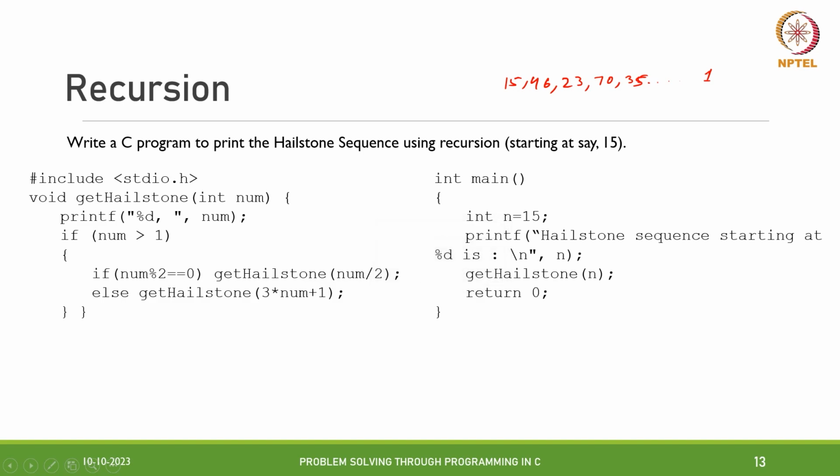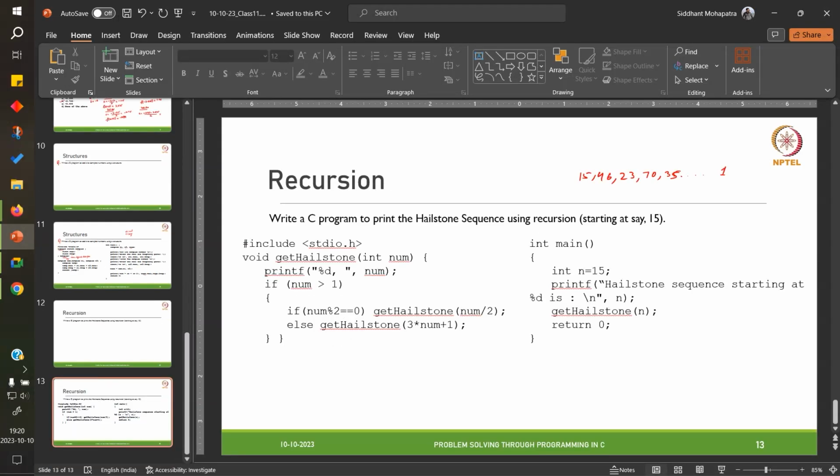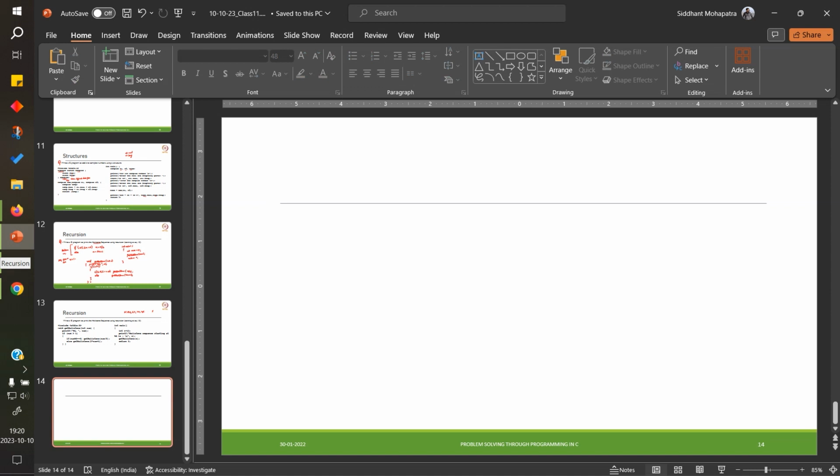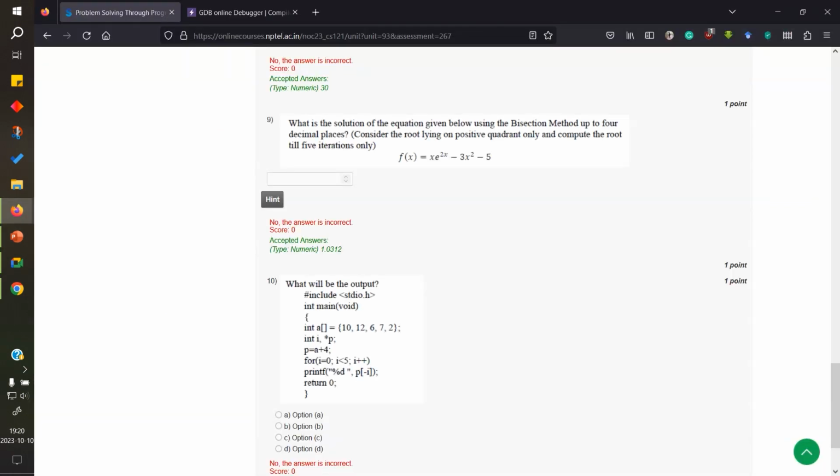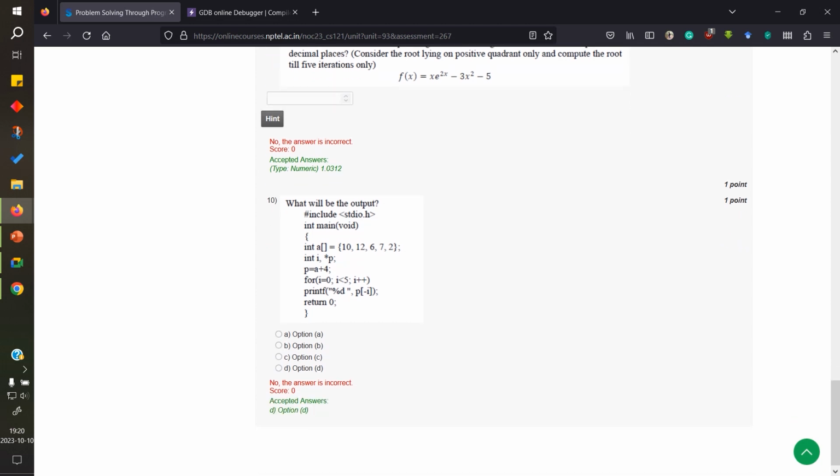Yes, okay. Let me look at the question first. So week 10, question number 10, right? We have an array A, which is 10, 12, 6, 7, 2, and we are defining I and star P, which is a pointer.